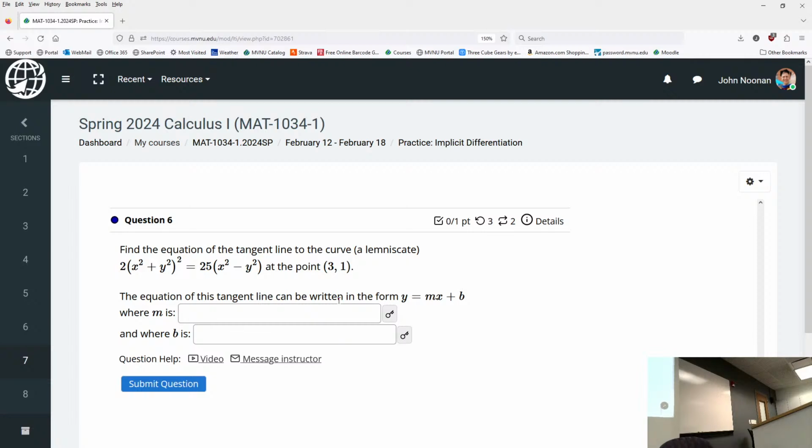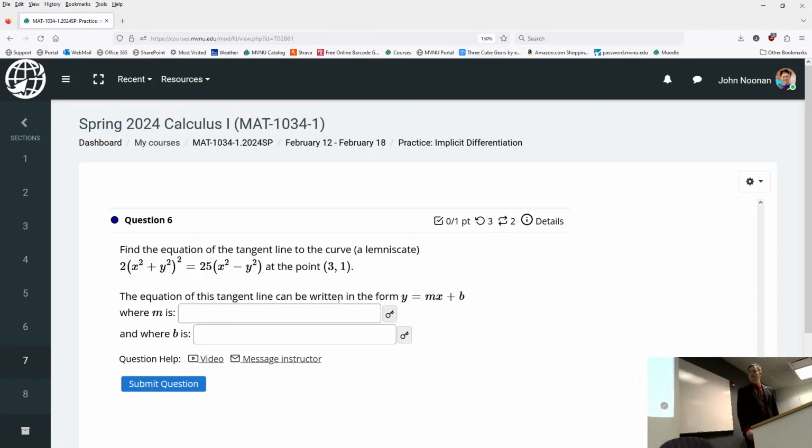Do the derivatives, you get 50x and then 50y times dy over dx. That's easy. It's the left here that's a little bit of a problem, and you have two choices. Either you can apply the chain rule carefully, so multiply by 2 and then do the derivative of what's inside here, or you can square that binomial and you get x to the 4th plus 2x squared y squared plus y to the 4th. Don't forget the 2 out front.